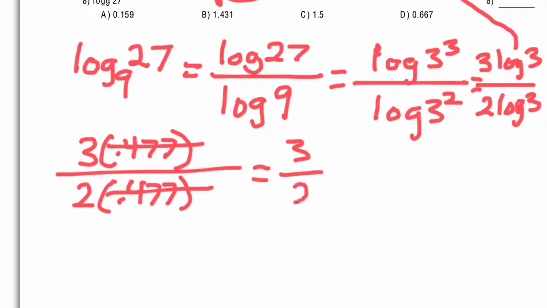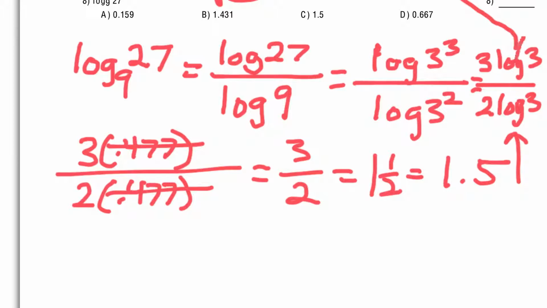So we get 3 over 2, or 1.5, which in decimals is 1.5. Okay, and so we could also go back up here and just cross-cancel those two, log 3 into log 3, we still get the same thing, 3 divided by 2. Okay, so that's one way to do it.